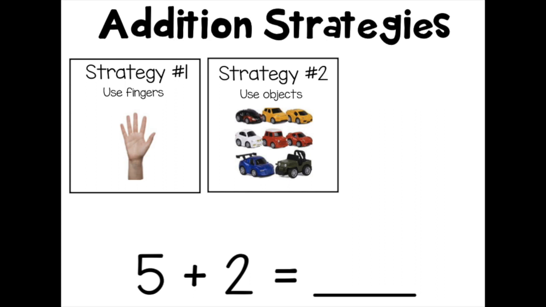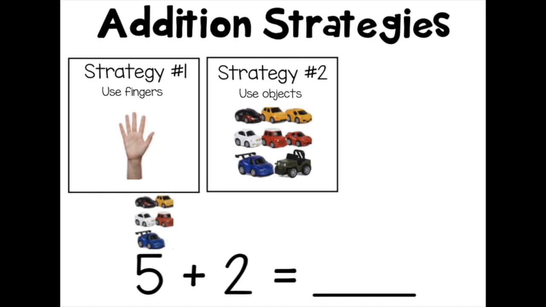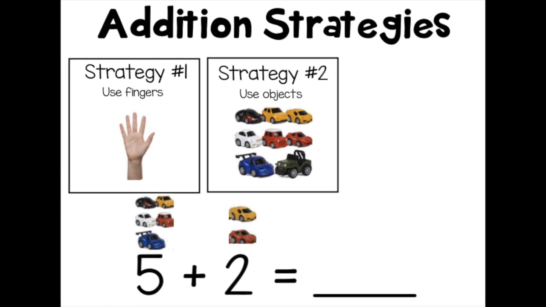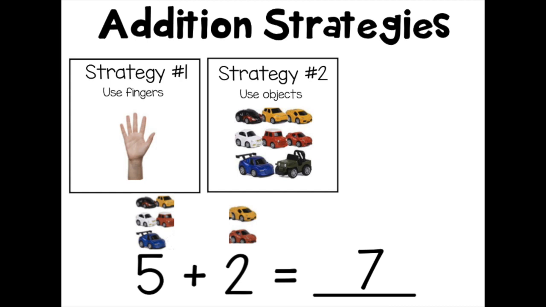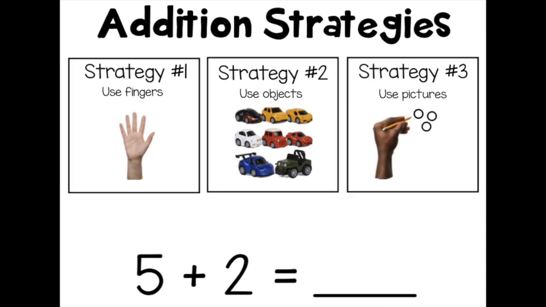So I'm going to take 5 toy cars and put them close to the equation. And then the second add-in is 2. So I'm going to put 2 toy cars next to it. And when I add and count the 5 cars plus the 2 cars, I get 7. 7 cars total.